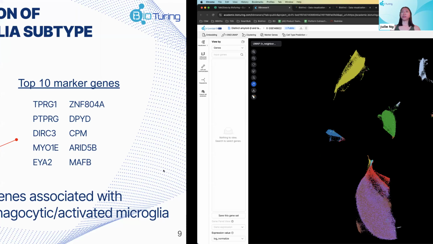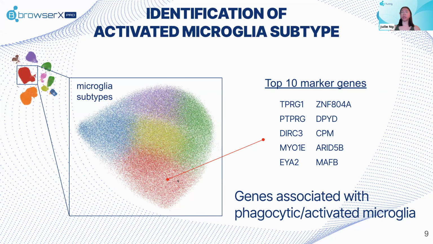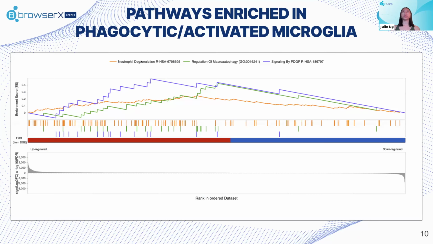All right, now that we've identified that this red cluster has a lot of genes associated with this phagocytic type of phenotype, another thing I can do is look at the pathways that are enriched within that particular cluster.